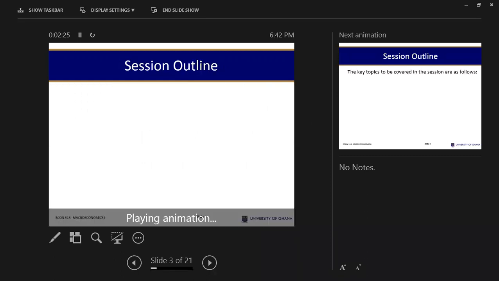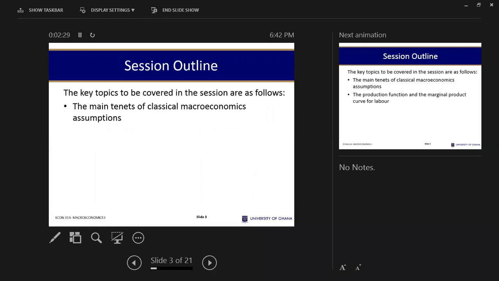Right, so those are the things that basically we'll be looking at. Okay, so we'll look at the assumptions under the theory that we'll be looking at today. I'm sure you know that in econs, whatever theory or theorem that they talk about, they need to talk about assumptions.